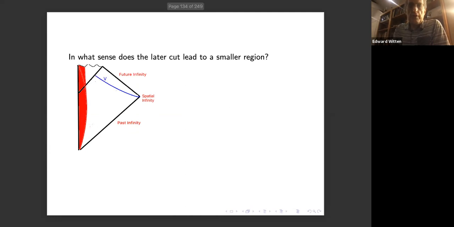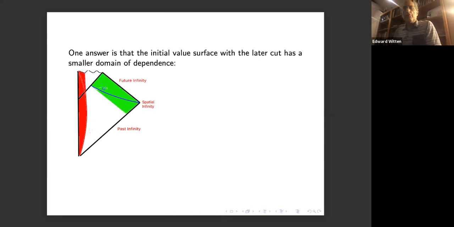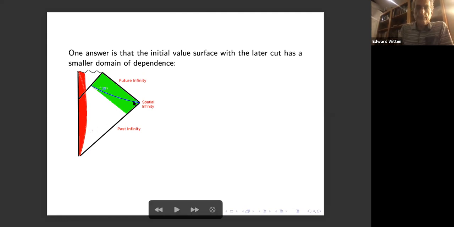Well, I'll explain two ways to look at it. One answer is that whenever we talk about a Cauchy surface or a partial Cauchy surface, observations on that surface are the same as observations on its domain of dependence, the space-time region where you can predict all the physics from initial data on U. So in this case, initial data on U will enable us to determine all the physics in the green region. We can't determine what's behind the horizon because we need initial data on a surface that would continue beyond the horizon.